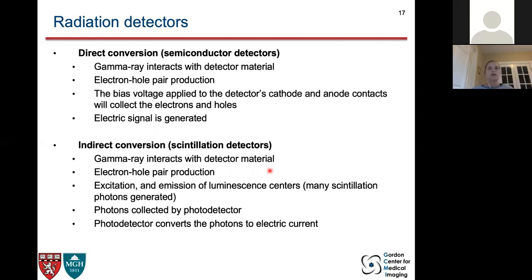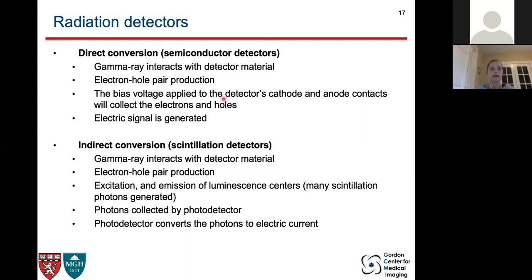Okay, so this is what we had from last week. We have two main detector types: the direct conversion and the indirect conversion. And in direct conversion, we have semiconductors. I'm not going to talk about the gas-based detectors here because they're not really applicable to imaging because of their low stopping power.